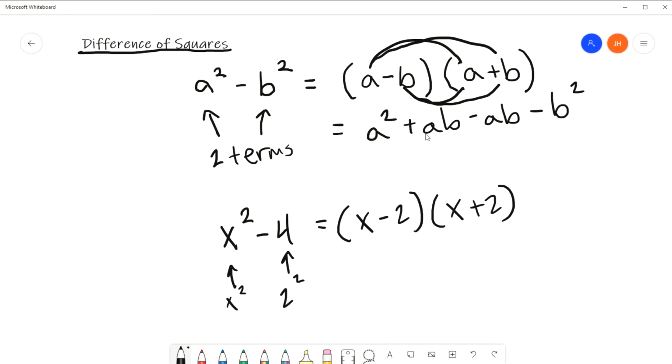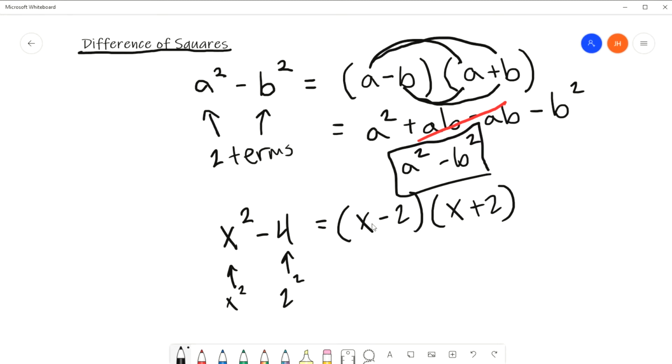All right. So then, now that I've foiled it, I should probably simplify my middle terms. What would be plus AB minus AB? You guessed it. They cancel out. So as a result, I am left with A squared minus B squared. So see how even when I use variables, when I'm in its most general form, this is true.